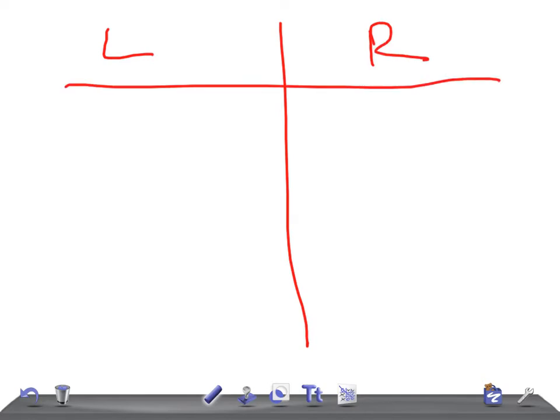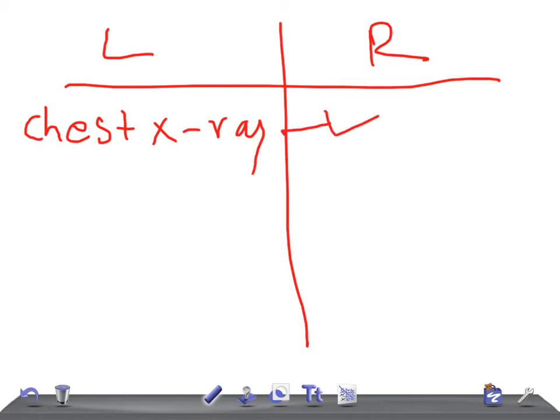Now the important points. Like cardiomegaly, on chest X-ray we see cardiomegaly in both. These are similar features in left-sided and right-sided failure. We also see Kerley B lines, pulmonary vascular congestion, and bilateral pleural effusion in left-sided heart failure, and similar findings in right-sided heart failure, but cardiomegaly is very important on chest X-ray.